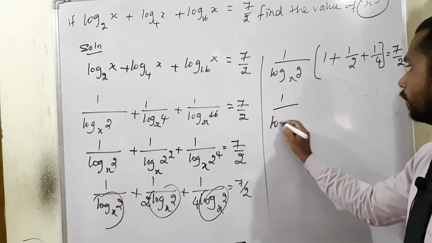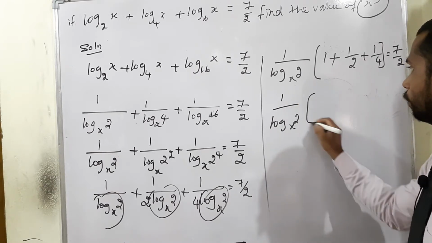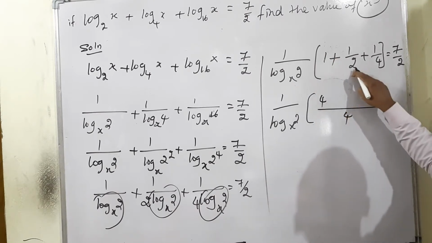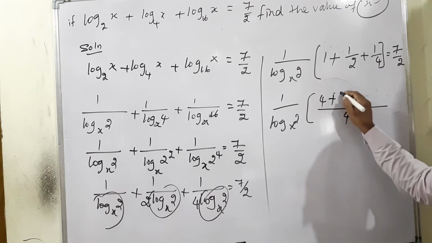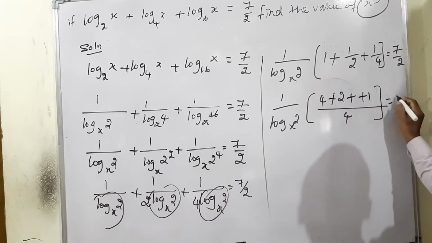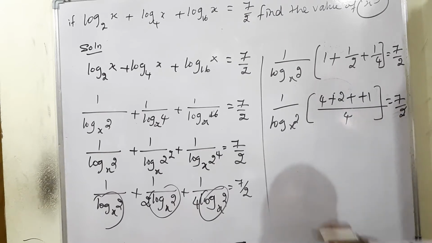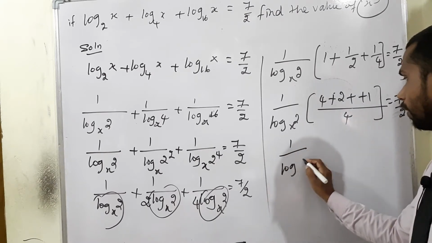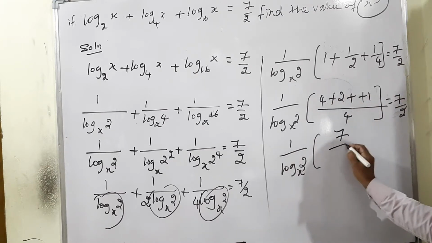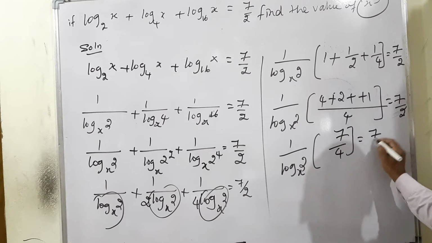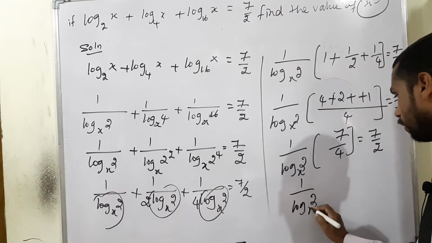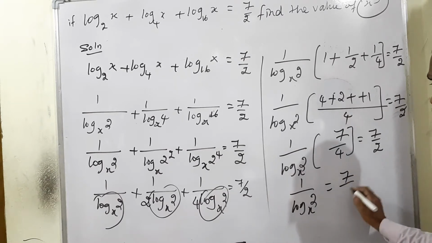With common denominator 4: 4 divided by 1 is 4, 2, and 1, so 4 plus 2, 6, 6 plus 1 is 7 by 4. So 1 by log 2 base x times 7 by 4 is equal to 7 by 2.